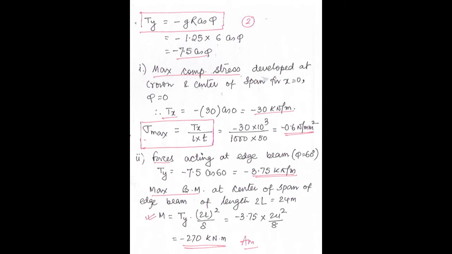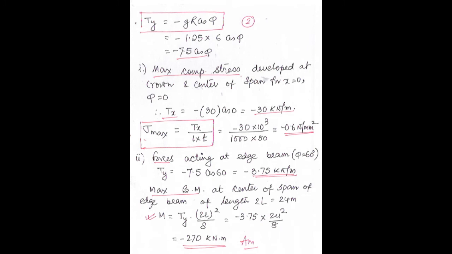Okay. Now let us come to the question of finding the maximum stress. The maximum compressive stress will be developed at the crown and at the center of the span. At the crown, the semicentral angle phi is equal to 0 and the x coordinate is also 0.